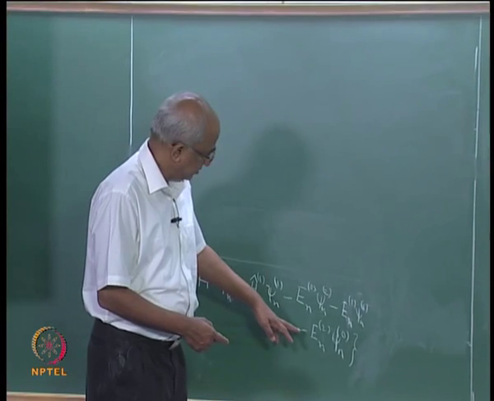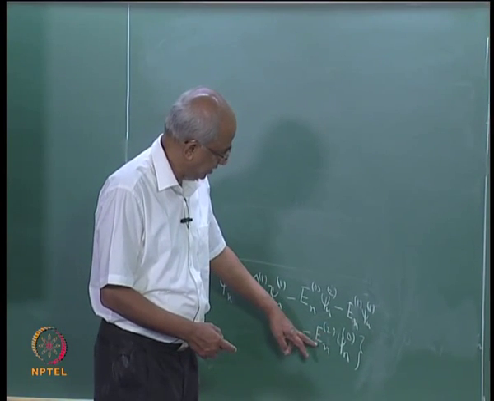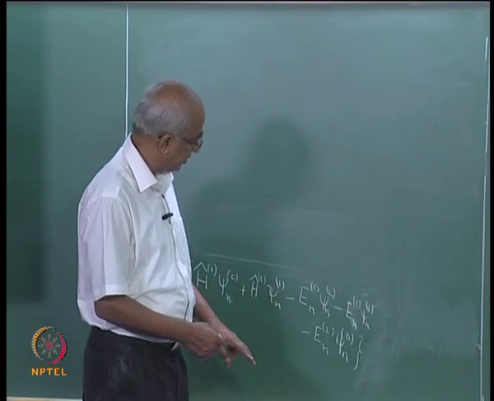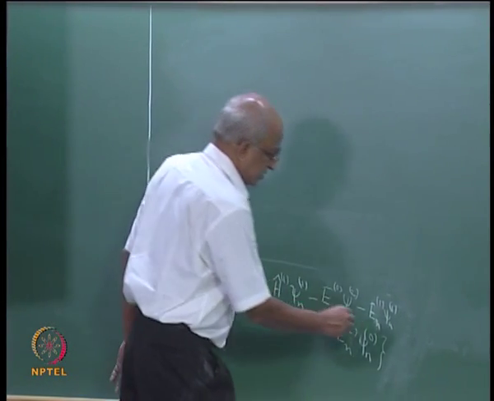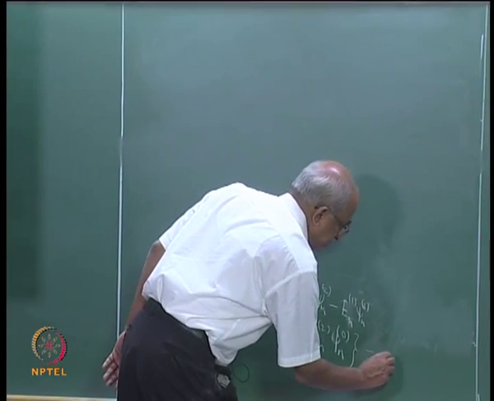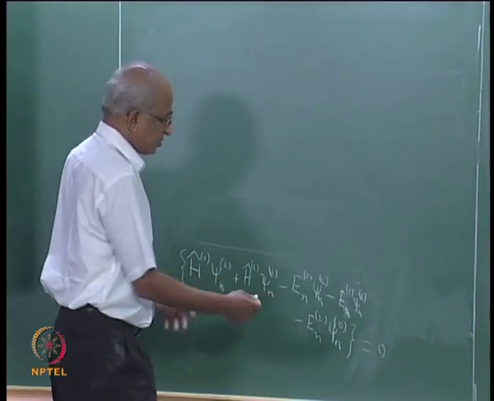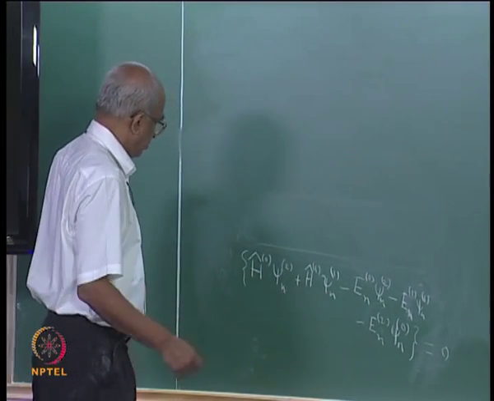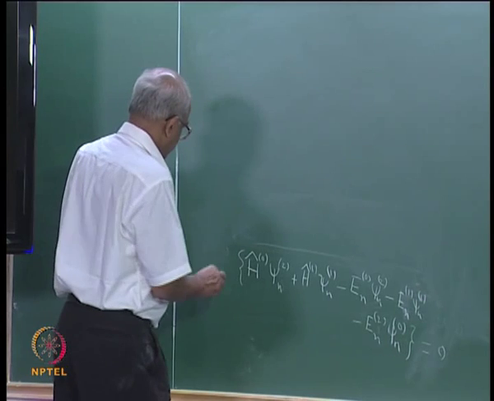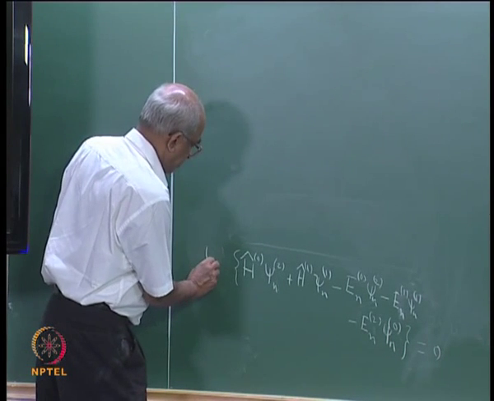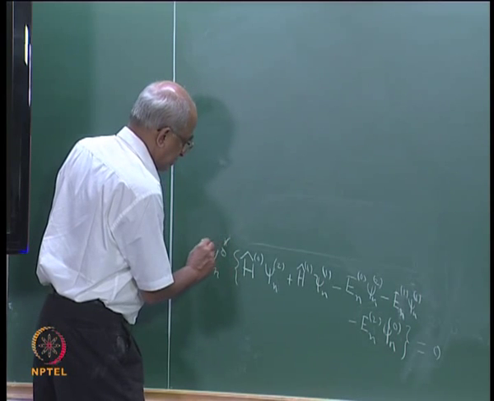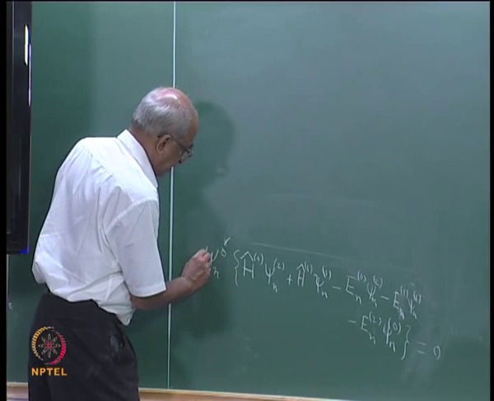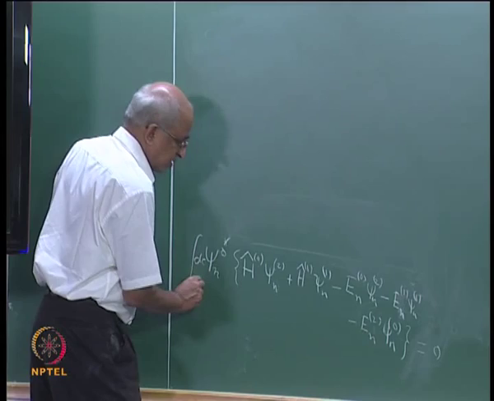So, we want to determine the second order correction to the energy, En2, which is the quantity that we want to determine. It can be determined from this equation, which says that the sum of all these terms should be equal to 0. As I told you towards the end of the last lecture, we will multiply this by psi n0 star, then the volume element d tau, and integrate over the entire space.